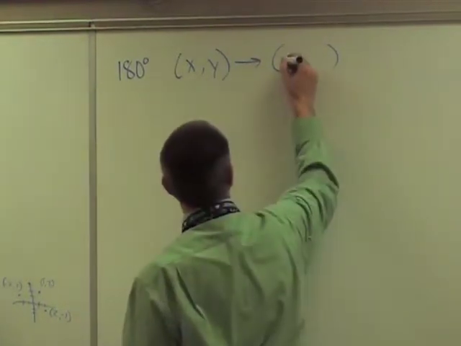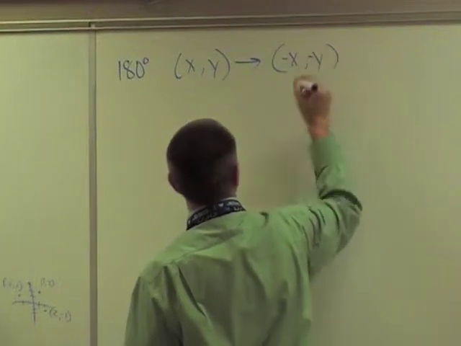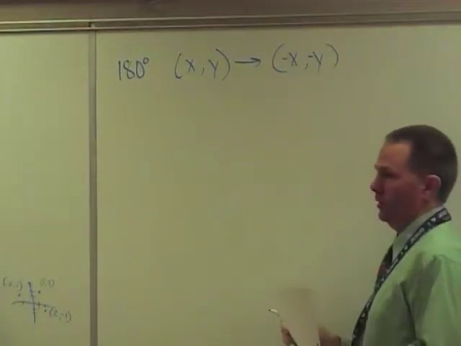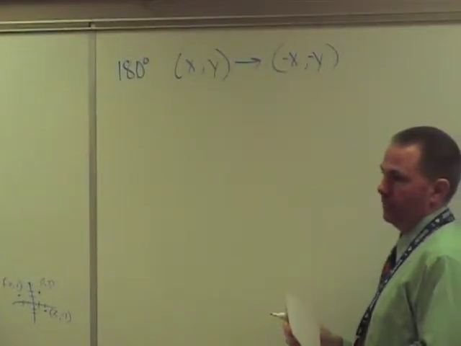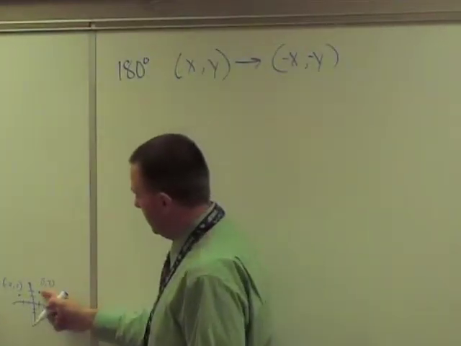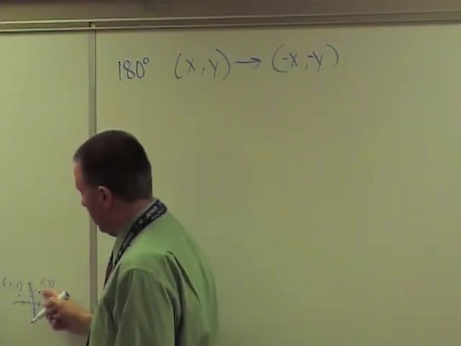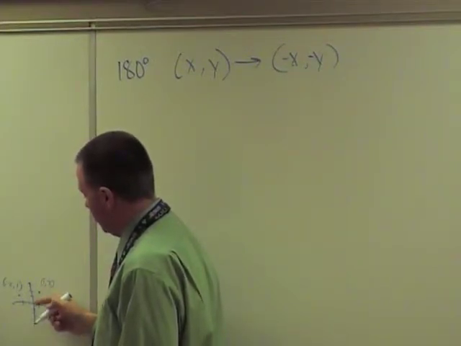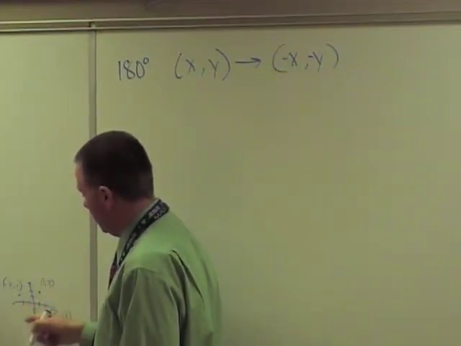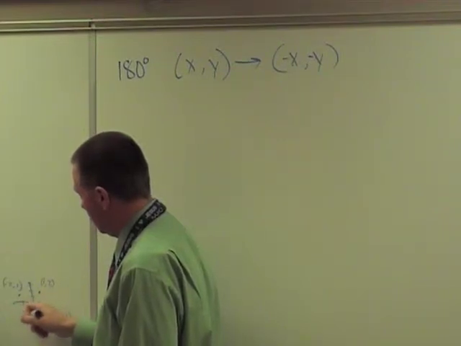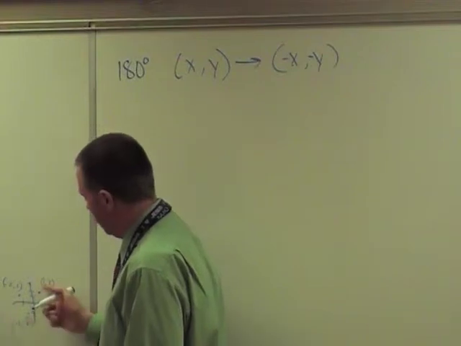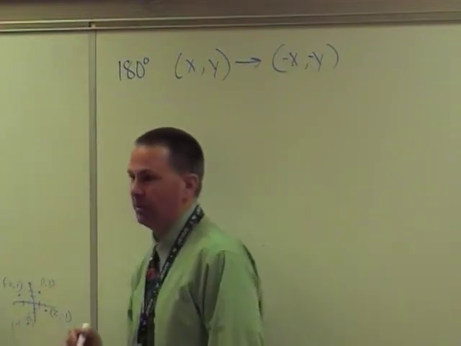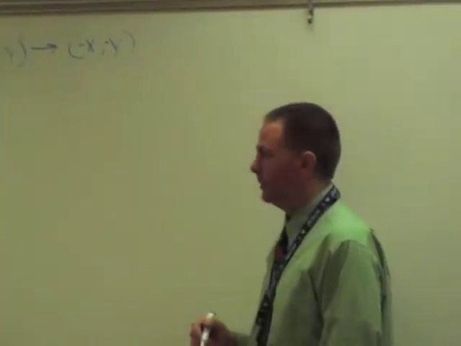They're opposites, but they stay in the same position. So if I rotated this 180 degrees, it'd be -1, -2. Notice the x and y stayed in the same position, but they became the opposites. Okay?